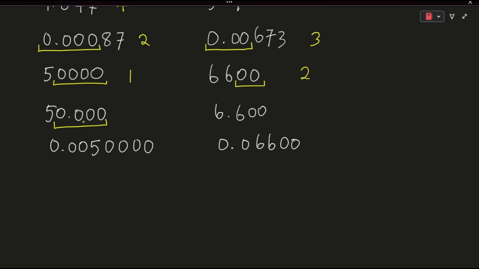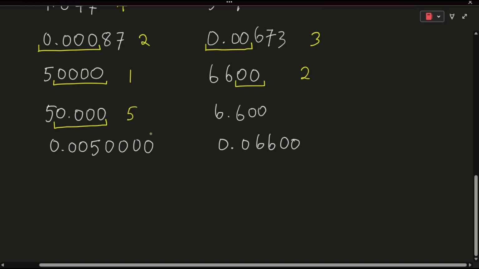So 50.000 has 5 significant figures. Because here the assumption is that if the zeros were not to be significant, they wouldn't have been there in the first place. But once there is a decimal point in the figure, it makes the trailing zeros also significant. And so 5 significant figures.